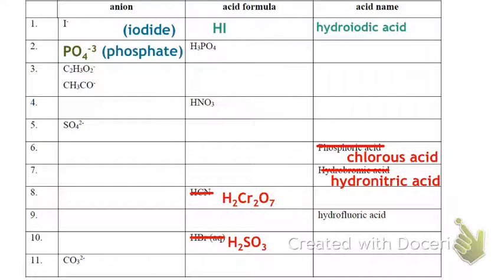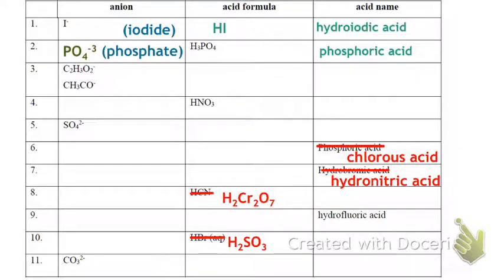Hydro is only when I have no O's. So I'm going to jump straight into the root element here, phosphorus, from that phosphate. And then I need to decide if it's going to end in ic or us. And ic goes with ate. So this is going to be phosphoric acid. Okay? Not too bad, I hope.